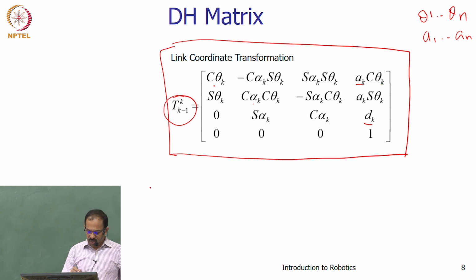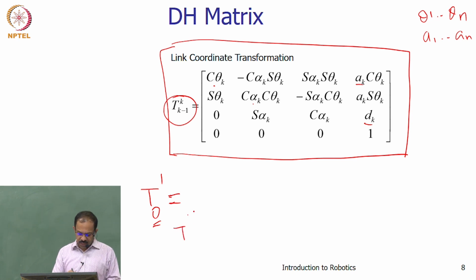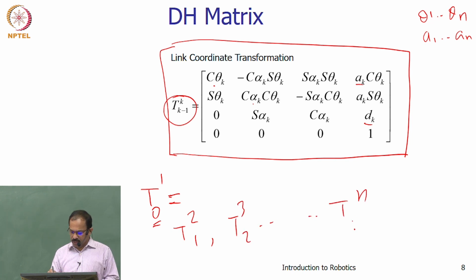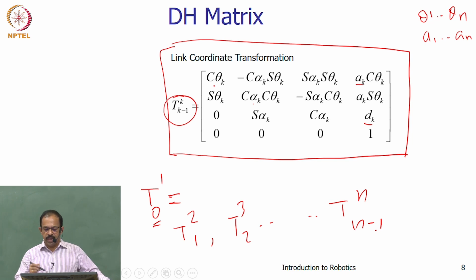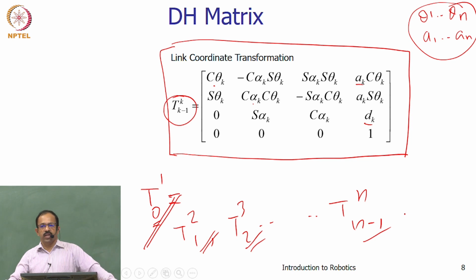If you have a manipulator with the base frame 0 and the next joint 1, we can find the transformation from the first joint to the base frame as T1 to 0, and similarly T2 to 1, T3 to 2, etc. Tn to n-1 we will be able to get, because we know these parameters, so we can get the transformation matrix between adjacent frames, n to n-1.